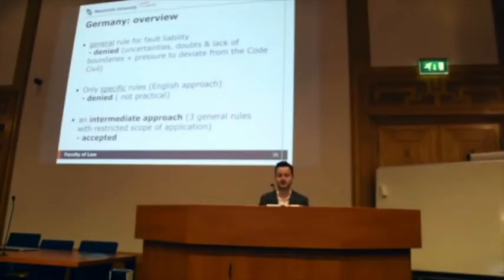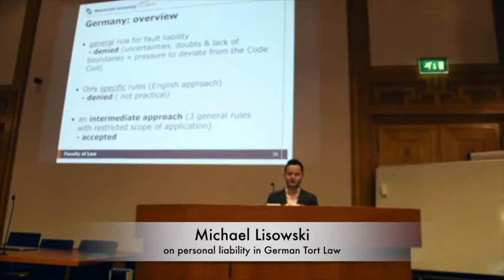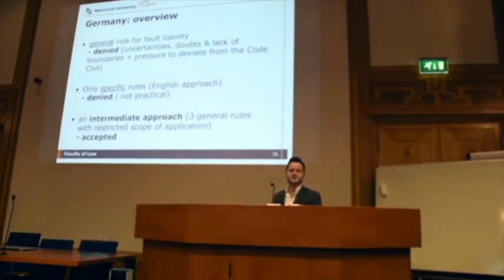Germany was under pressure to deviate from the French Civil Code, where the sole general rule for fault liability was applied. It was a result of the desire to strengthen the unity of the young German Empire. Moreover, it was thought that the general rule would lead to uncertainties and doubts, and particularly to the lack of boundaries.